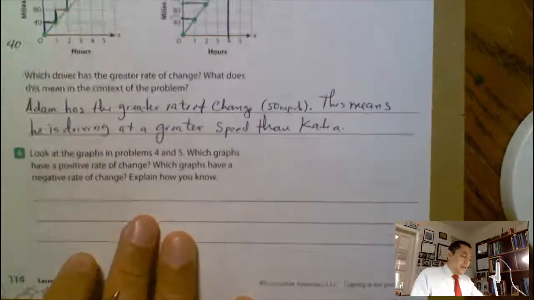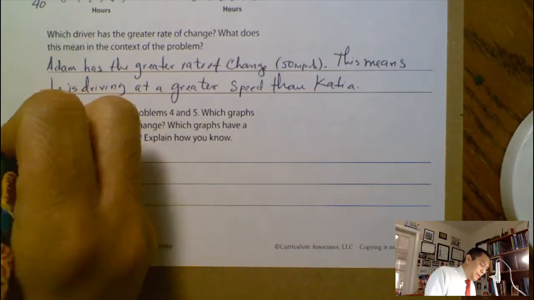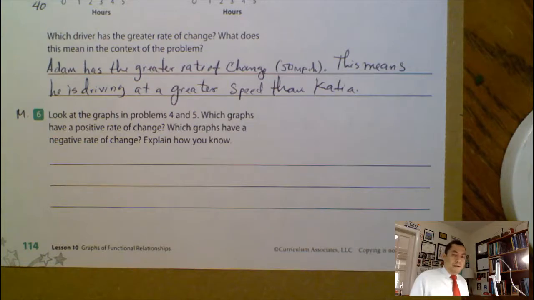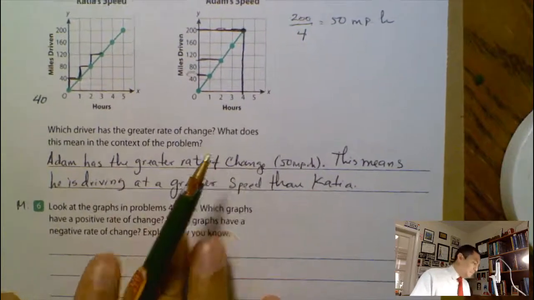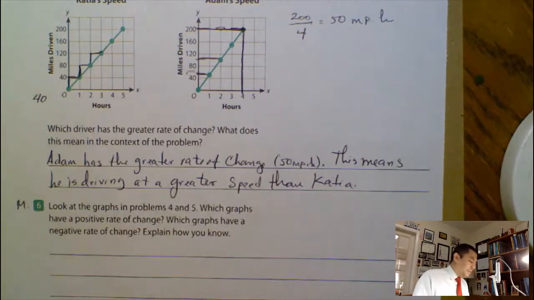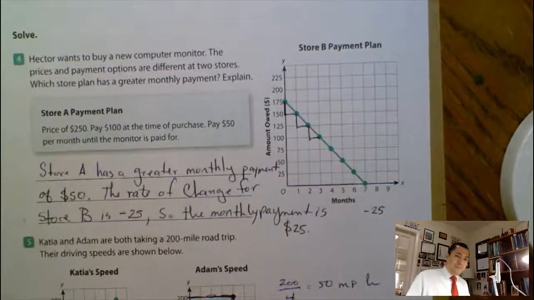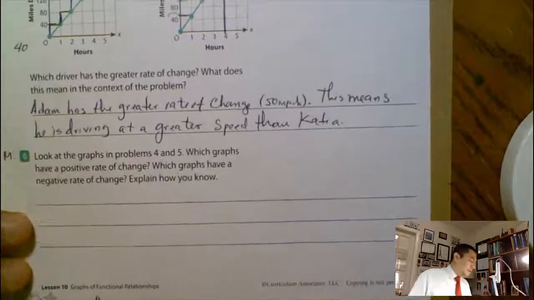Okay, so question number 6. This is a medium question, medium level. Look at the graphs. So we look at the graphs in problems 4 and 5. This is 4, and this is problem number 5, the Katia and Adam, okay?